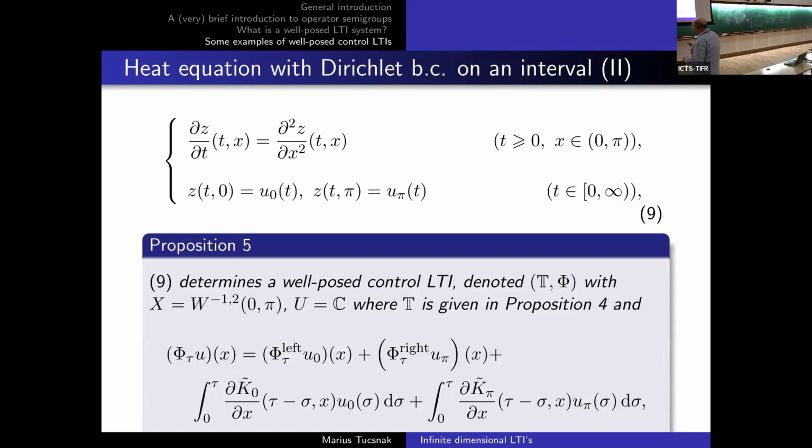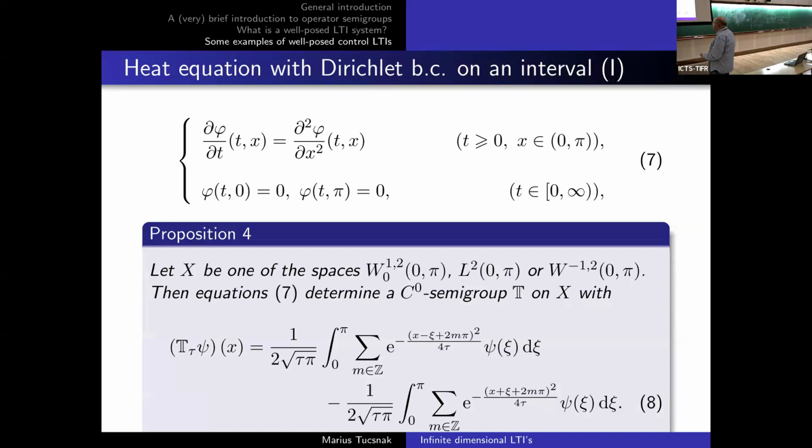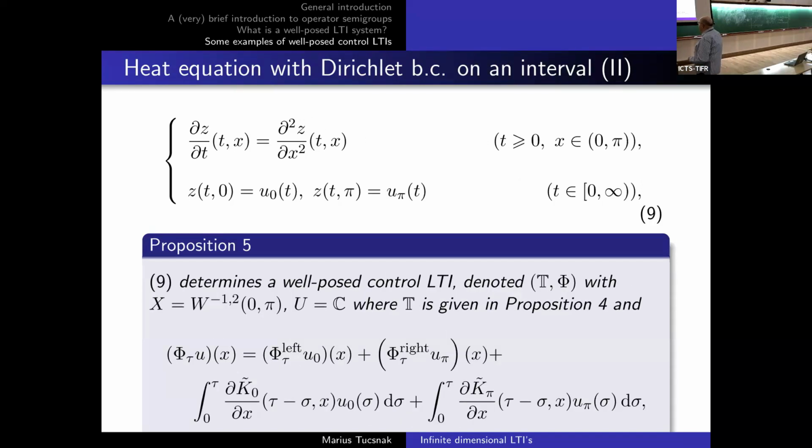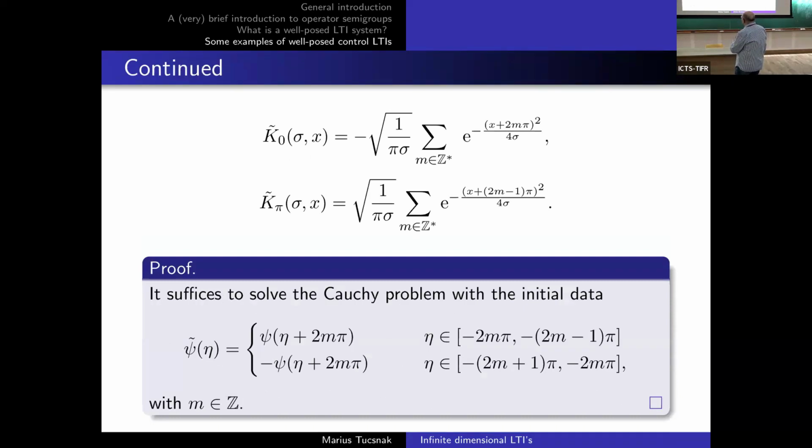So there are 2 things to mention here. I separate in the sums which will appear the terms m equal to 0, which will give me phi tau left, and it's symmetric with respect to pi over 2 for phi tau right. So these are the terms which correspond to m equal to 0, and all the other terms are in these kernels and are defined by the shifted Gaussians.